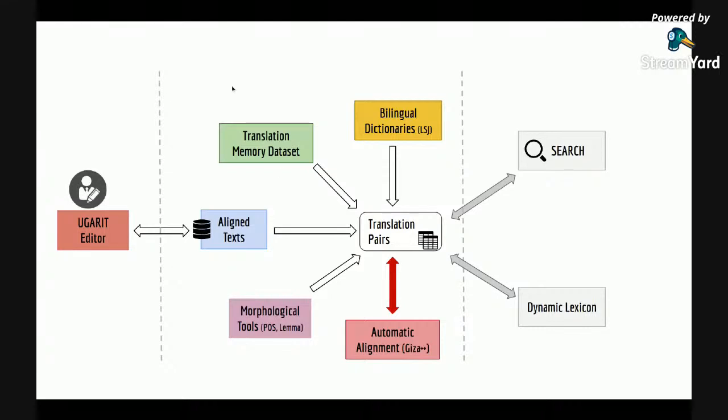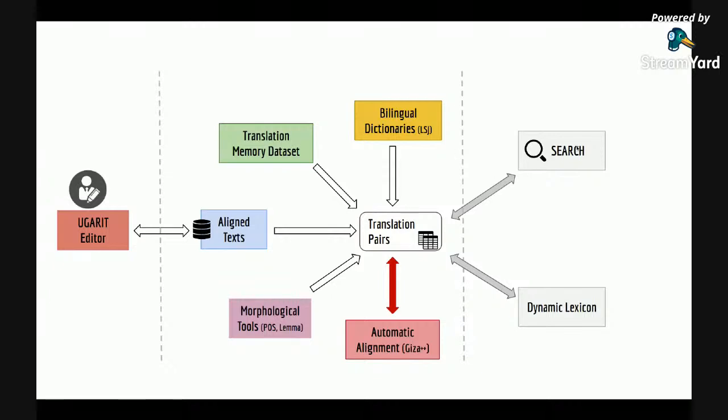We have also some translation memory datasets added to the translation pairs repository. We have also some bilingual dictionaries, since we can extract some translation pairs from these dictionaries and save them to the repository.